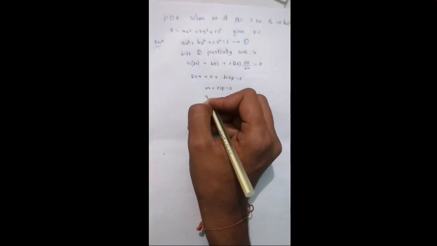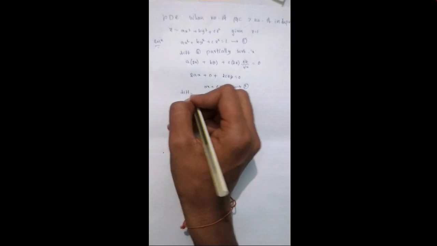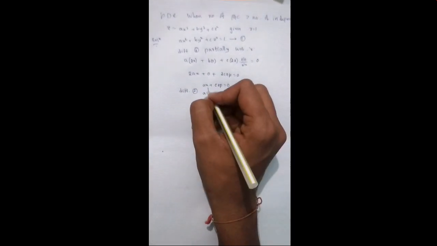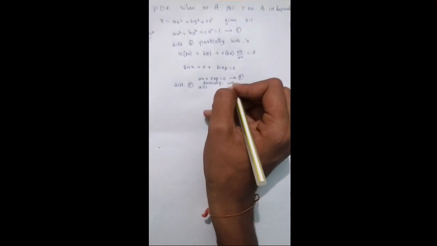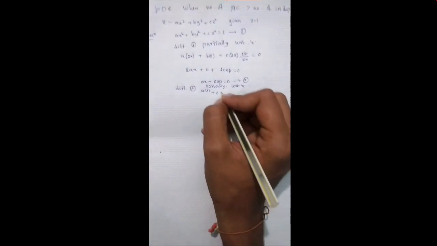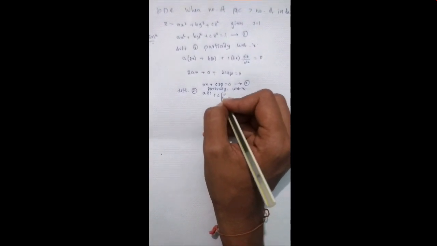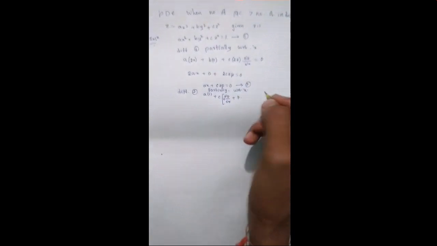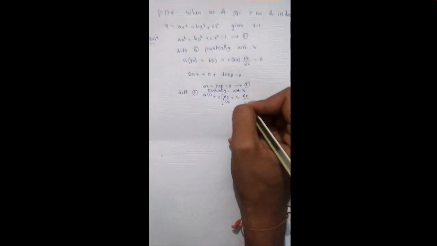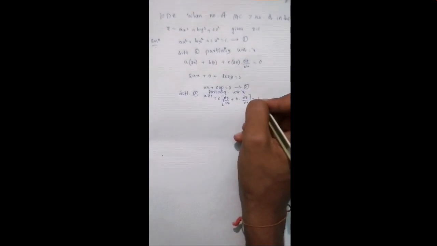Now we shall find the next derivative. Differentiate equation 2 partially with respect to x. We get a into 1 plus c into z ∂p/∂x plus p ∂z/∂x equal to 0.